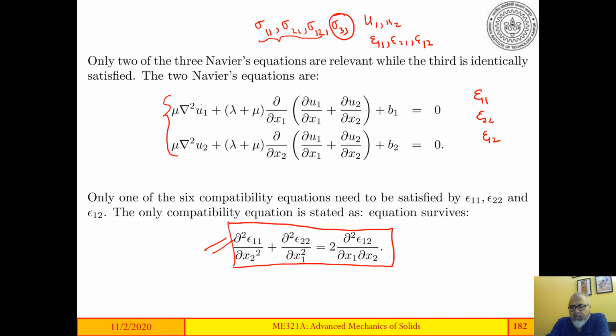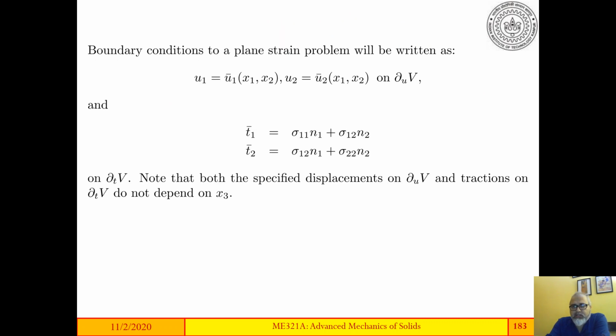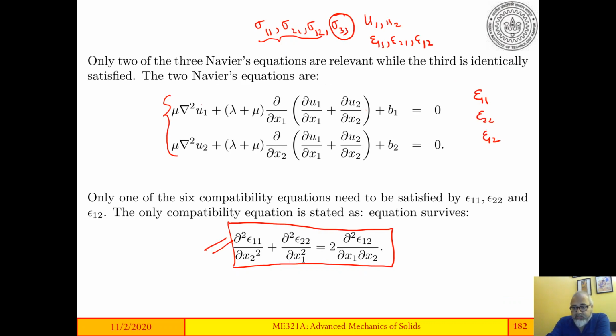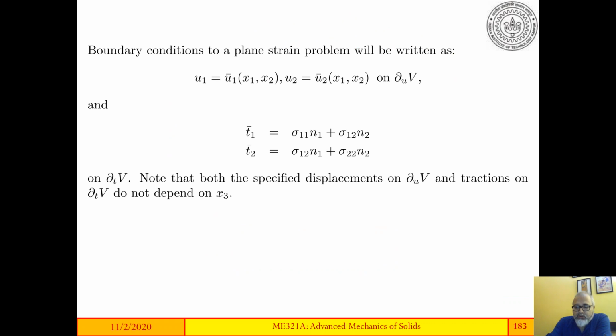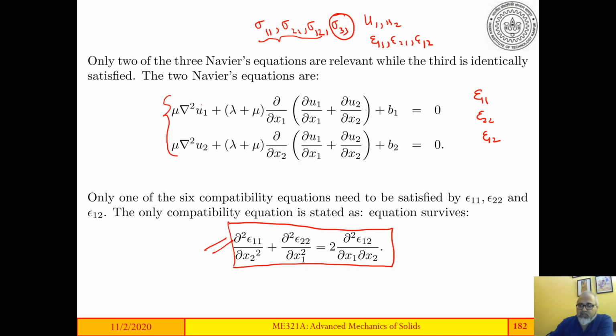Now, another standard, oh by the way, boundary conditions. So the boundary conditions for a plane strain problem will also get significantly reduced. So now since you are solving the problem on the x1 x2 plane, this is your cross section of that long body, and this is x1, this is x2.